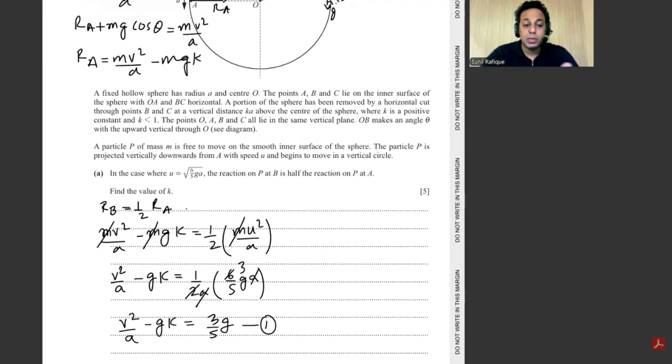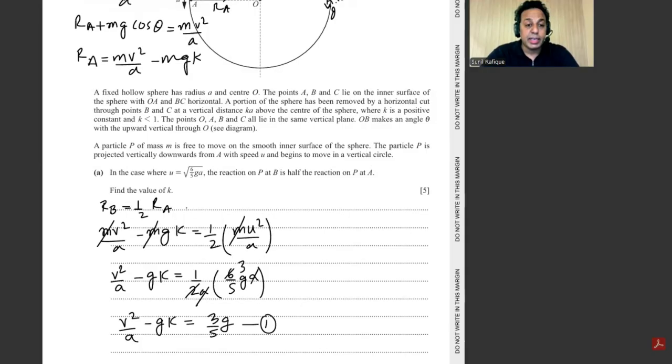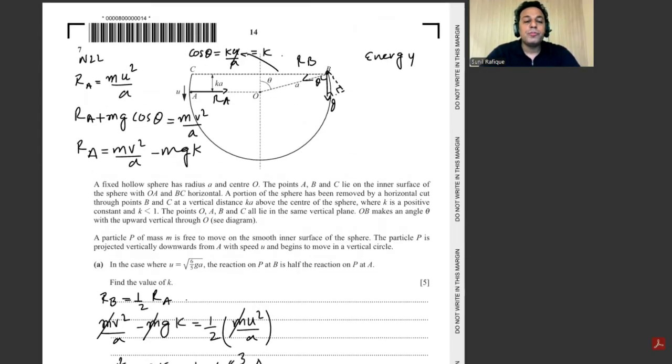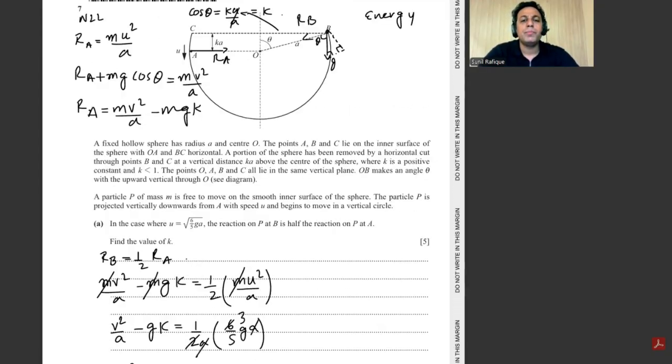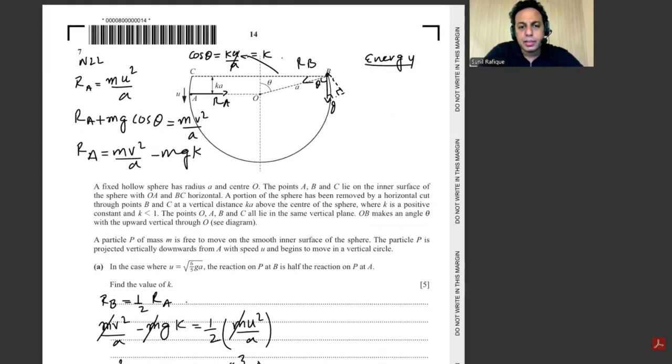Okay, so let's call this equation 1 and let's simplify the energy portion and see what we get out of it. Remember, I just need k. So for the energy, this is the base level. Initially, the energy is just going to be 1/2 mu squared, the kinetic energy.